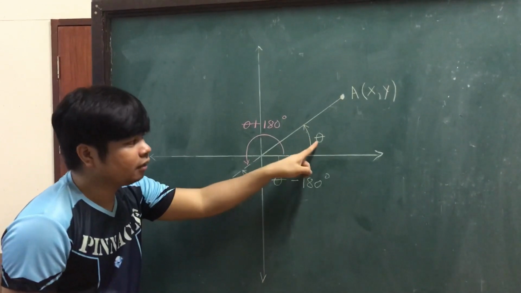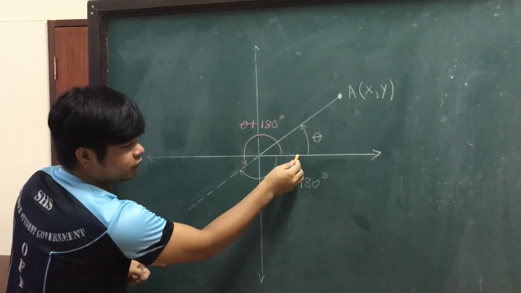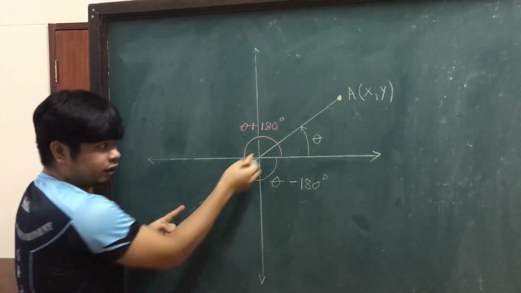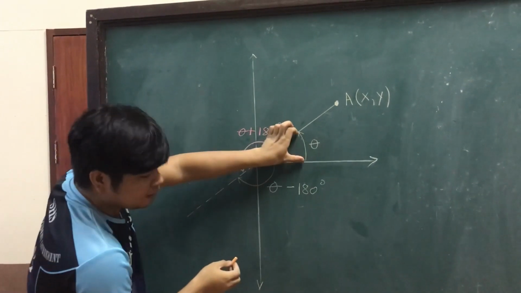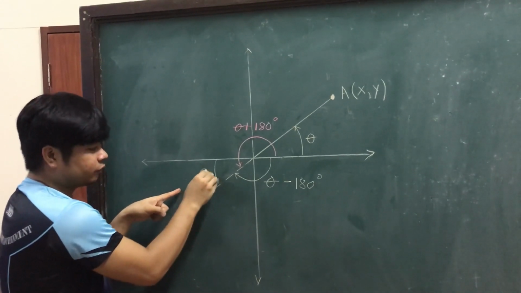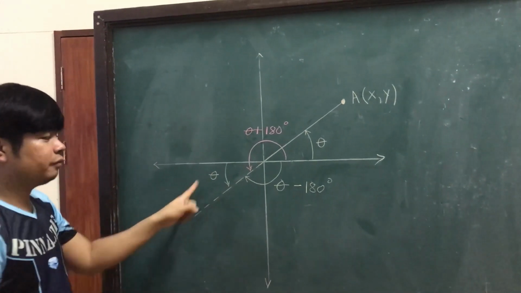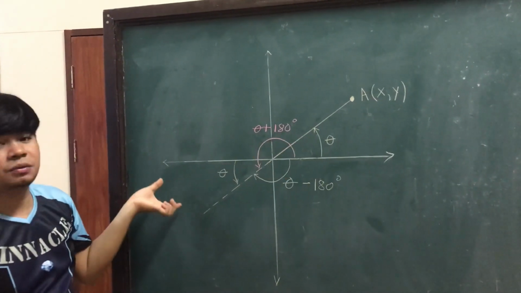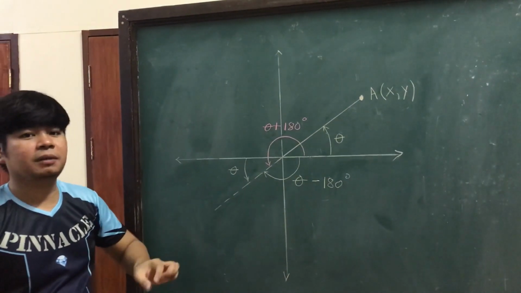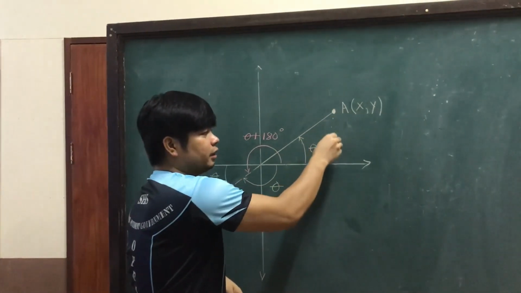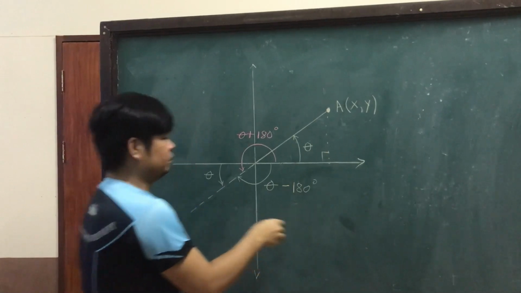If this is theta, we also observe that there seem to be vertical angles here. So this is theta, this is also theta. They are the same, and as observed they are reference angles as well, so they share the same length of x and length of y. If you form an imaginary right triangle here, it's also here.